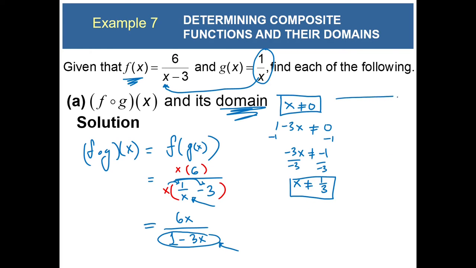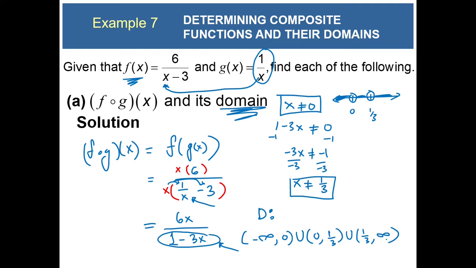If I plot these on a number line, we have 0 and 1/3 as open circles in our domain. So our domain is going to be from negative infinity to 0, union, 0 to 1/3, union, 1/3 to infinity.